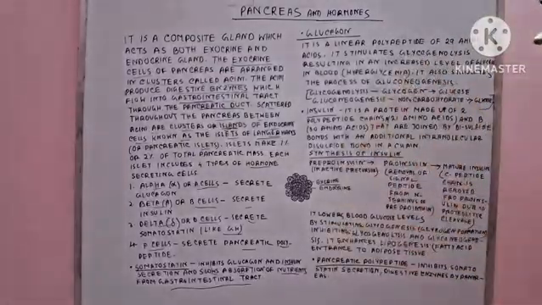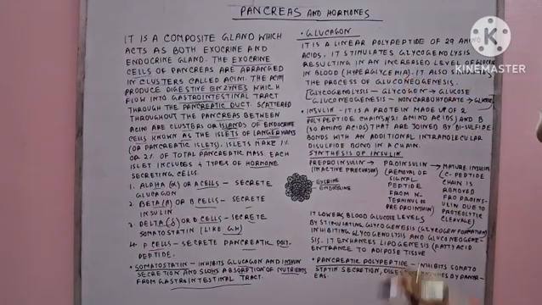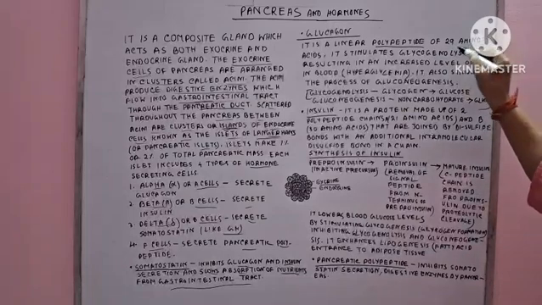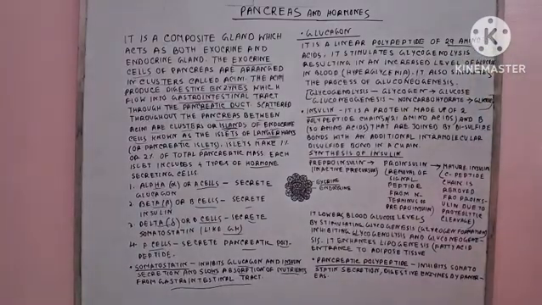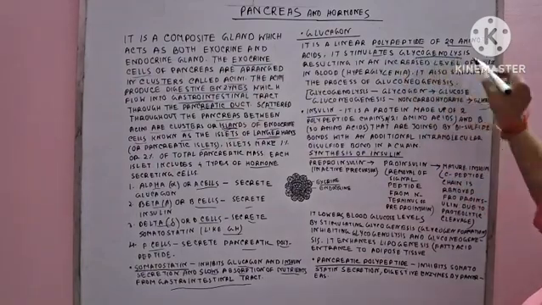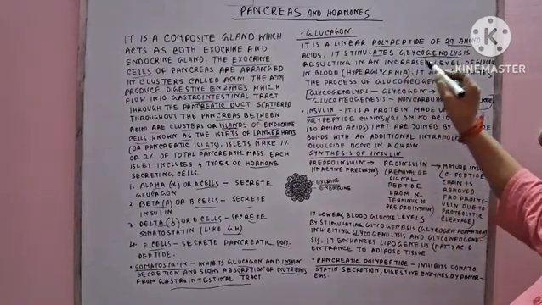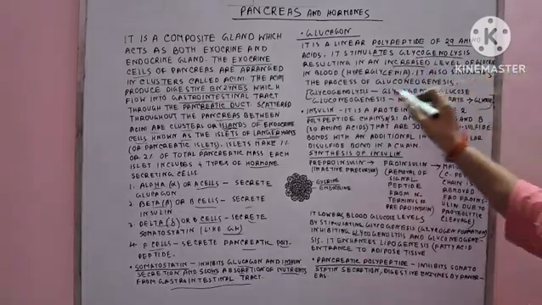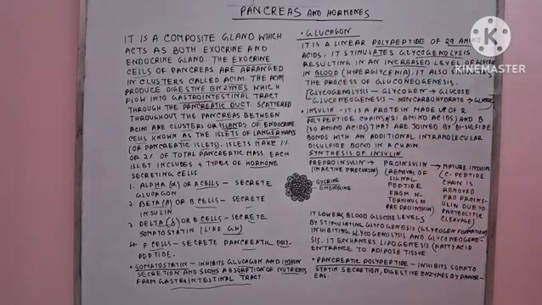Now the next hormone is glucagon. Glucagon is a polypeptide consisting of 29 amino acids. Its role is that it stimulates glycogenolysis, resulting in an increased level of glucose in the blood.